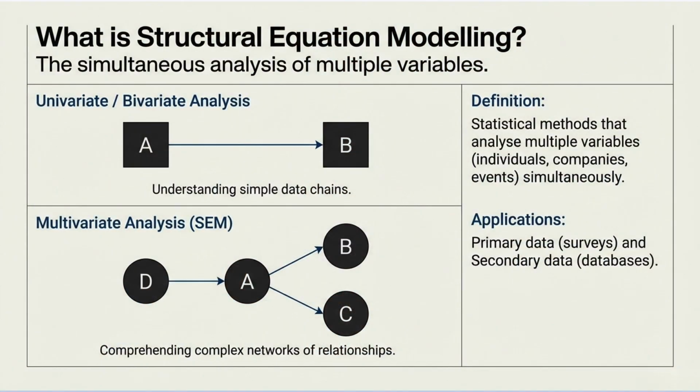Now, let's explain what structural equation modeling or SEM really means and how it is different from simpler types of analysis. In univariate or bivariate analysis, we study simple data relationships. Usually, we examine how one variable affects another variable, shown here as A leading to B. In multivariate analysis using SEM, you can see that one variable is connected to many other variables at the same time.